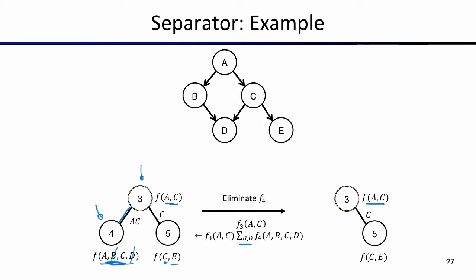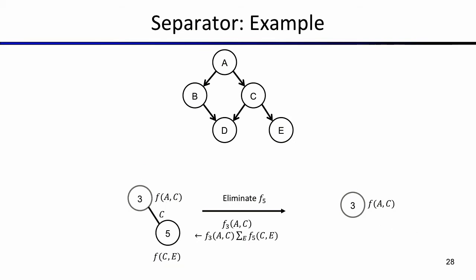So the next one that I'm going to eliminate is this guy here. Next slide. And that is the final step. So we have this factor here over c and e, and we have a factor over a and c, and the intersection will be c.